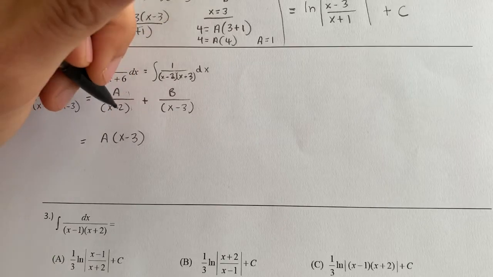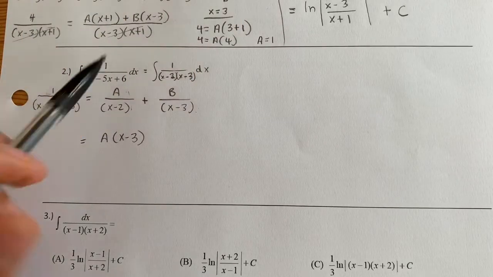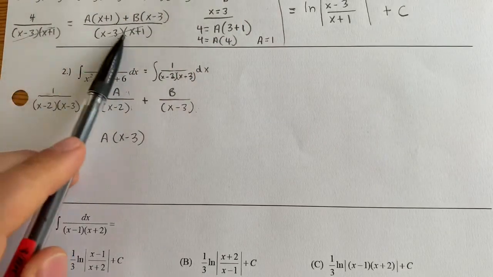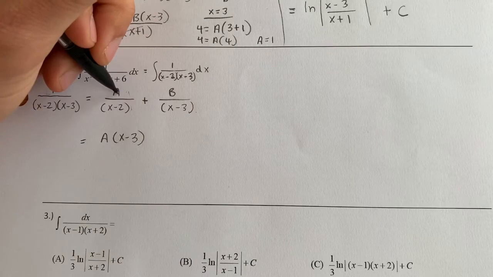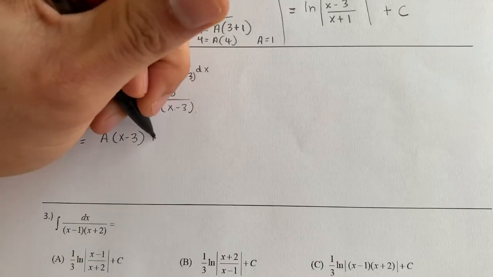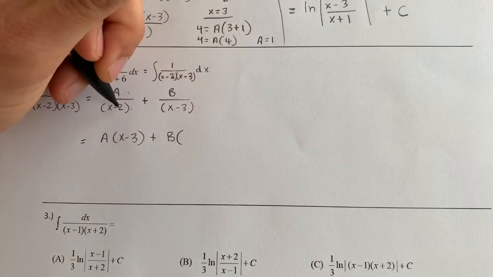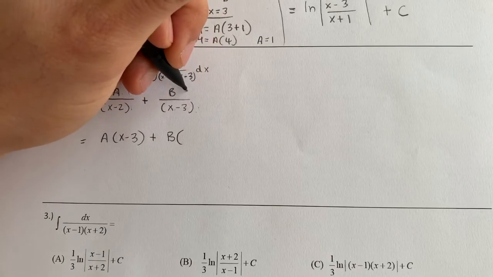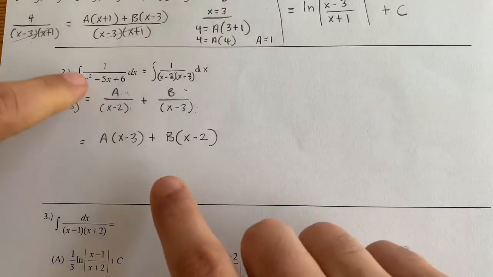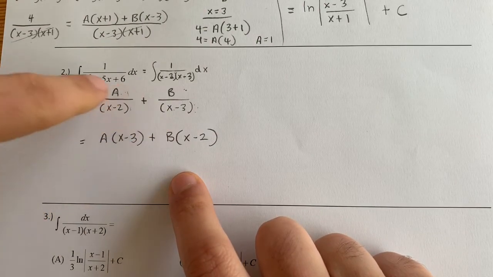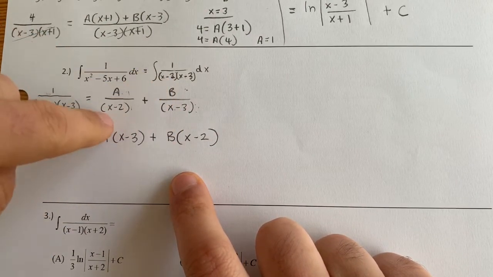which what I'm going to do is not even worry about the bottoms, because remember how the bottoms back here just canceled out because they both had the same exact bottom? I'm only going to worry about the numerators. So this one gets multiplied by the x minus 3, and the b had to get multiplied by x minus 2 over x minus 2. So I'm putting x minus 2 here. So it kind of switches. So the a now gets multiplied by that one, and the b gets multiplied by that one.